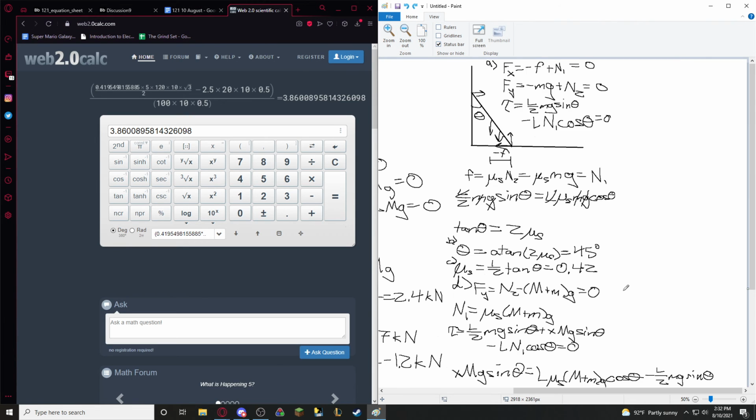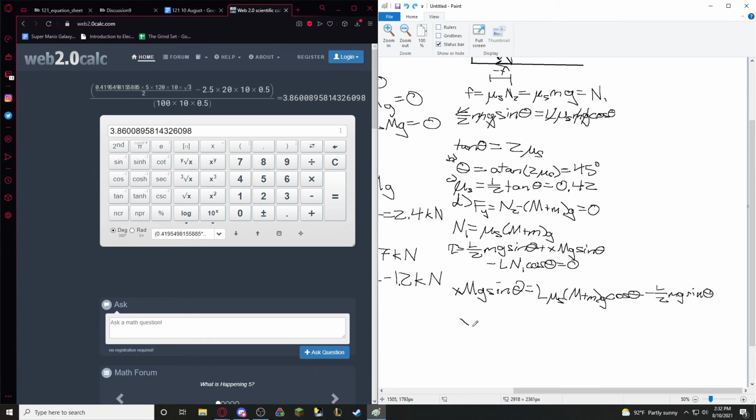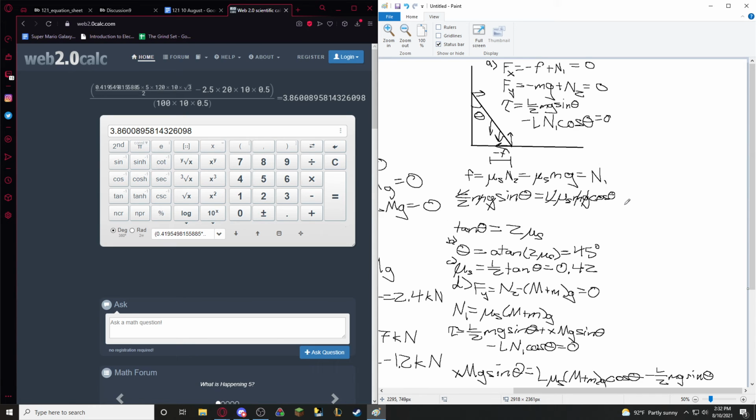Anyone have any questions about this? This looks like a lot, but it makes sense. Yeah, it's honestly just writing down the equations, and then it's just algebra. And if he gives you a problem like this on the quiz tomorrow, this is going to be the majority of the quiz.